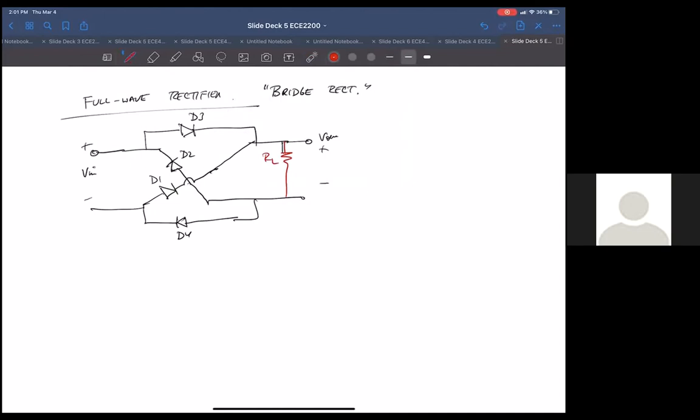Before I describe the circuit, one key point is that up till now, our outputs have always shared a reference with the input. What do I mean by that? If you look at a circuit like our half-wave rectifier, this is V out, V in, diode.